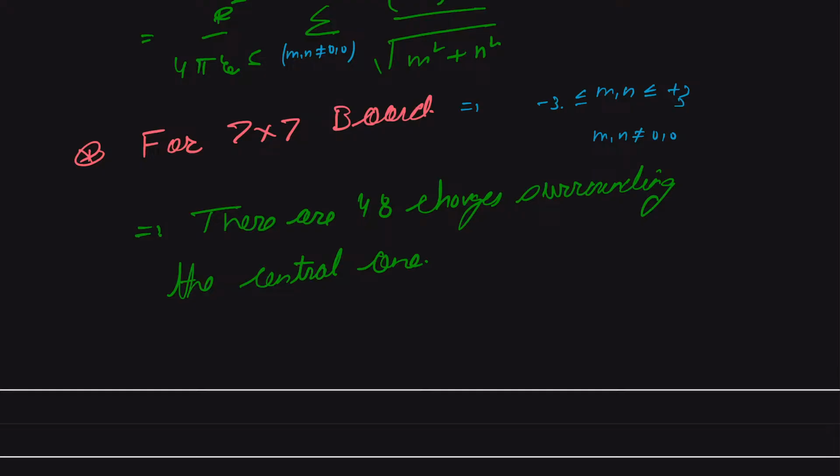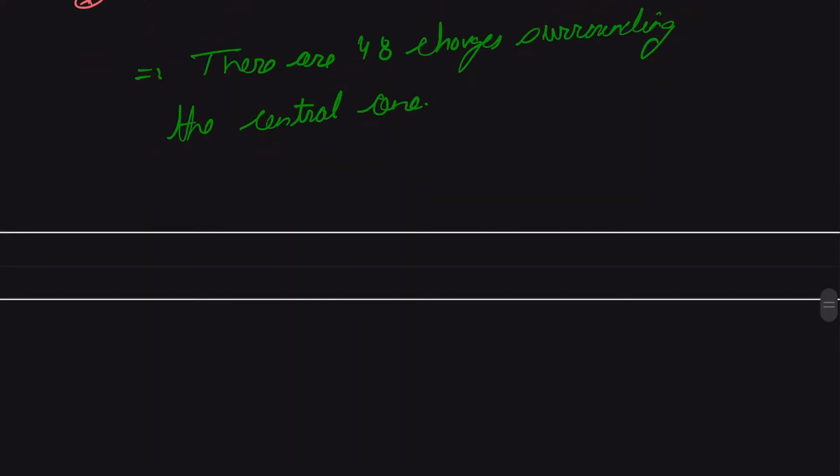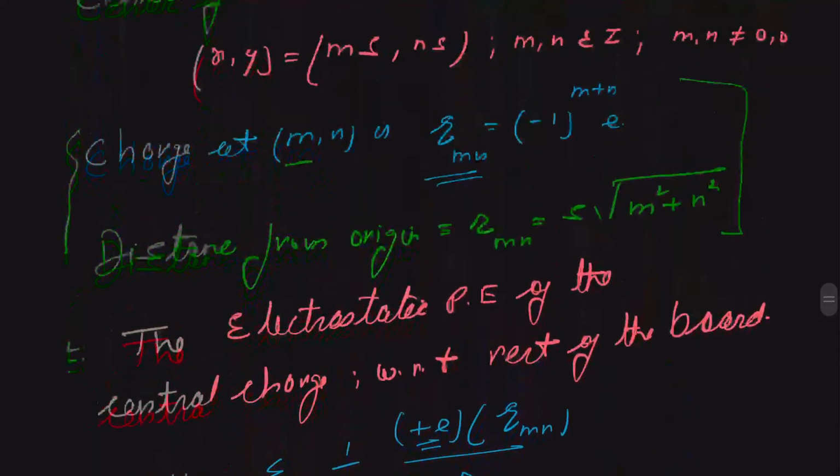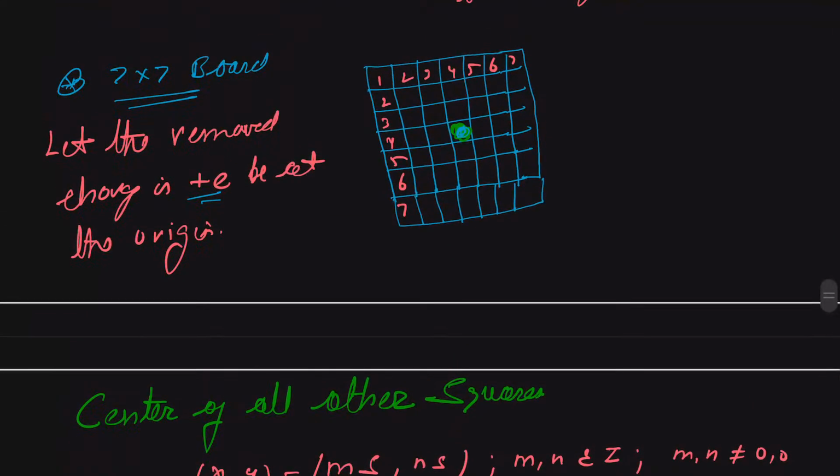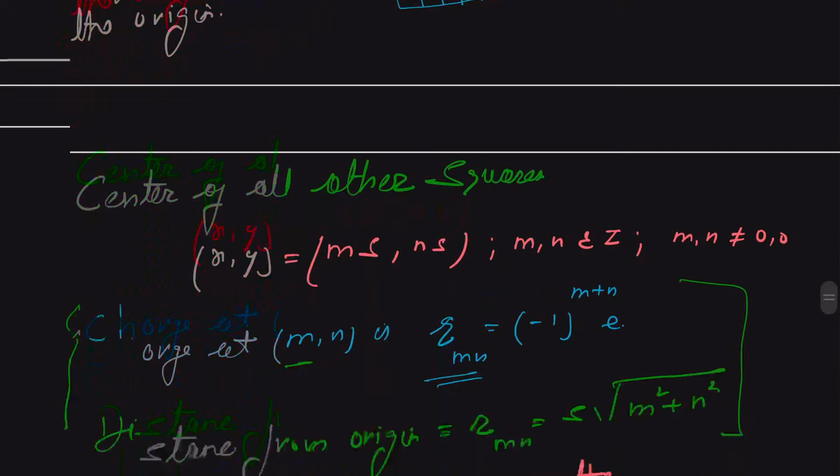So therefore we can group them. Symmetry has the advantage that, although the charges are opposite, they are alternate, positive, negative, positive, negative, but the important part is that they are symmetric, because it is a 7 by 7 board, like this. We have already drawn this basic one. So wherever we go, we are going to get a symmetric arrangement.